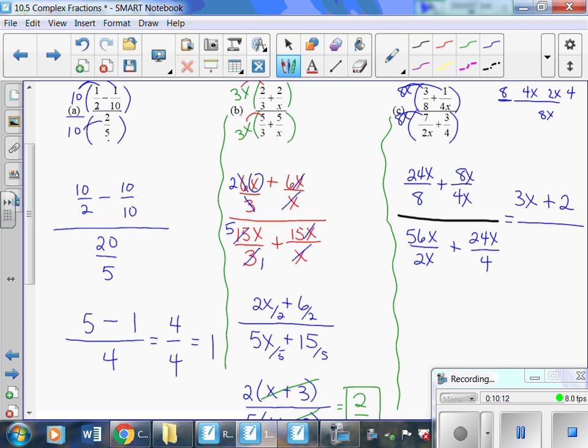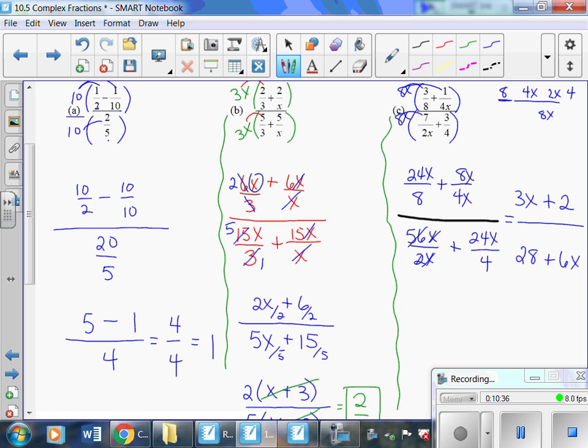So I'm going to get plus 2, all right, over, and let's do some simplifying here. 56 divided by 2 is 28. So these cancel, the x's cancel. So here I have 28 plus and 24. Again, this is going to be a 6x over here.